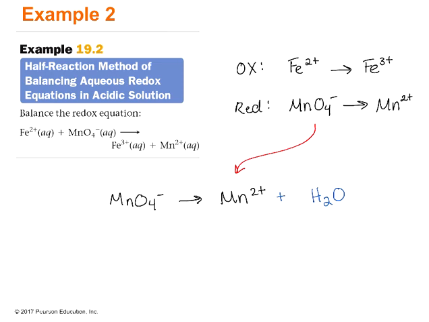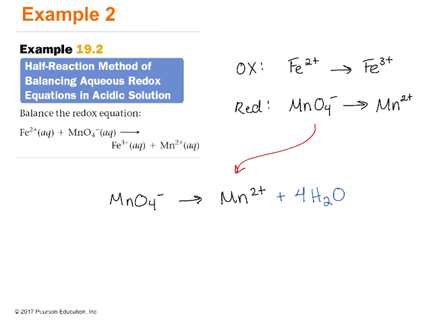How many water molecules should we add in order to balance the oxygens? We have 4 oxygens on the left, so that means we should have 4 water molecules on the right. So that will give us 4 oxygens.